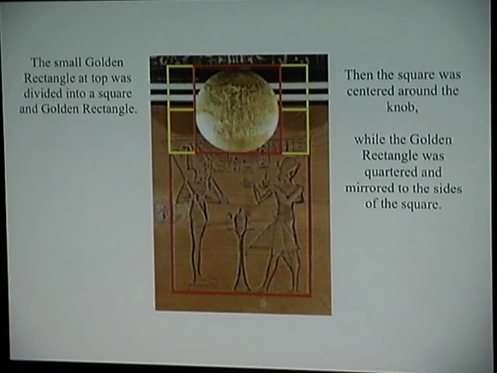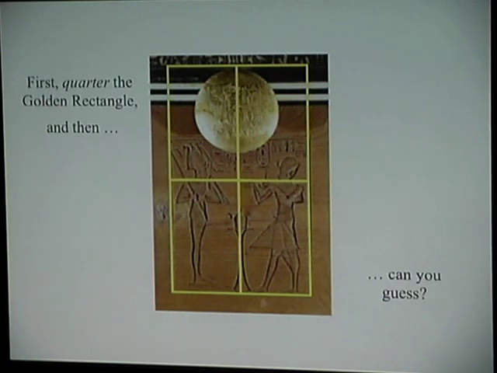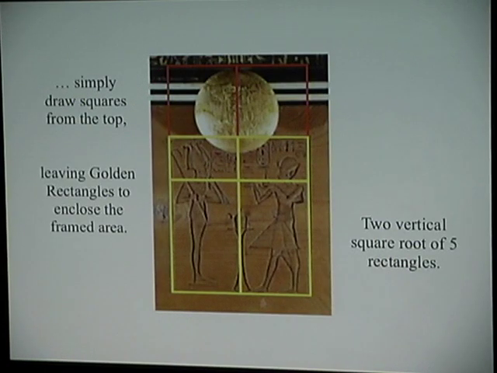In fact, what I did is I lopped out a square from the side of the golden rectangle and moved it in the center, and took the remaining golden rectangle, quartered it, moved it to the side, so you can see more of the proportioning of this little scene. But nevertheless, how does that line come about? Well, not difficult. All we have to do is quarter the golden rectangle. And can you see where it's going? Just lop out a square from the top of those.